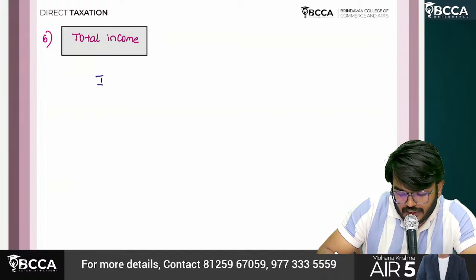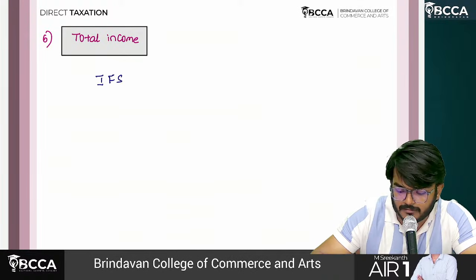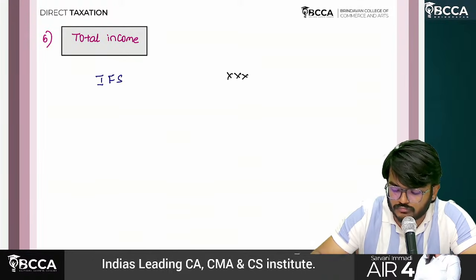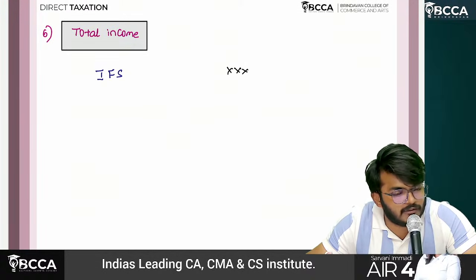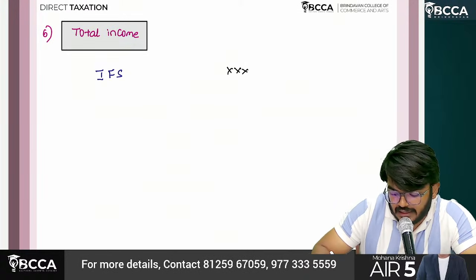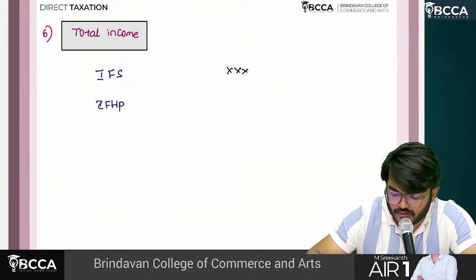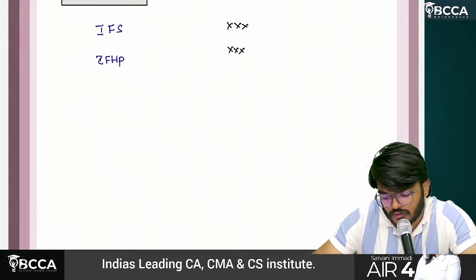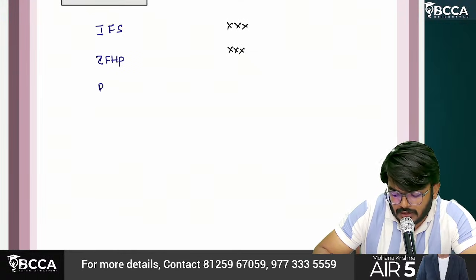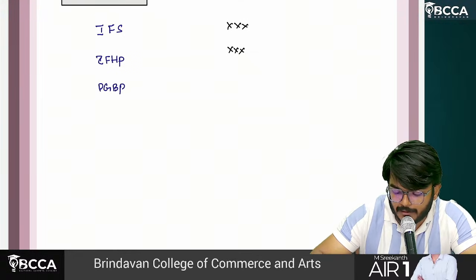First we have to take income from salaries, and then we will add the second head of income, income from house property. Third head of income, PGBP, also we will add.